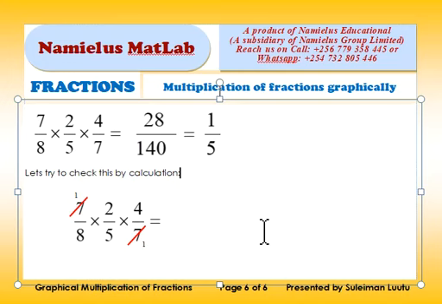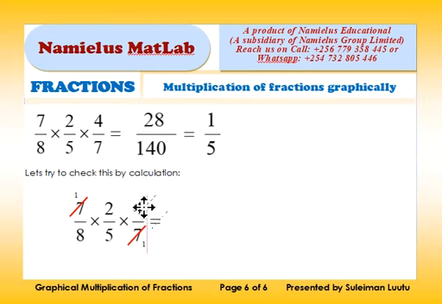Then we can cancel 8 by 4. So when we cancel 8 by 4, what do we get? Here at 4 we remain with 1, and then at 8 we remain with 2, because 4 goes into 8 twice. That is what we remain with.